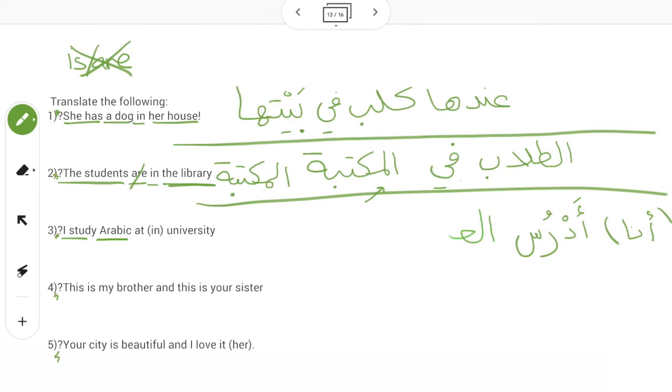Al-Arabiyya. This is also new in terms of spelling. Arabic. A-ra-bi-ya. Adrus al-Arabiyya. In or at. Fi can be in or at. Fi, university. Al-Jami'ah.